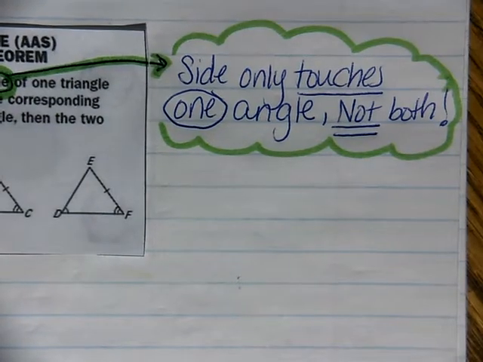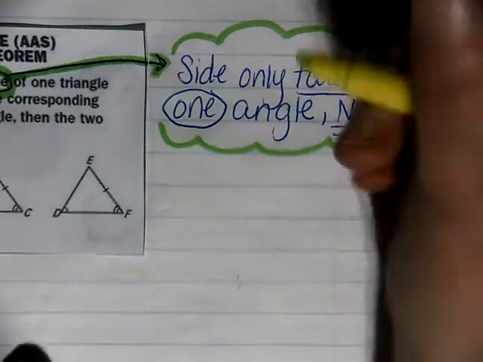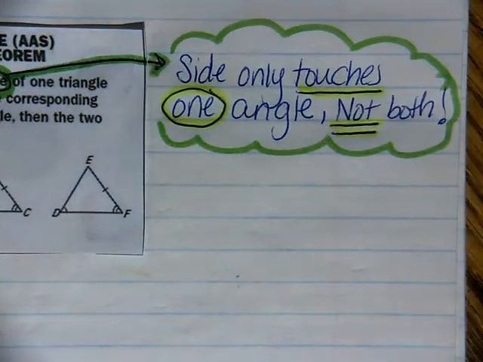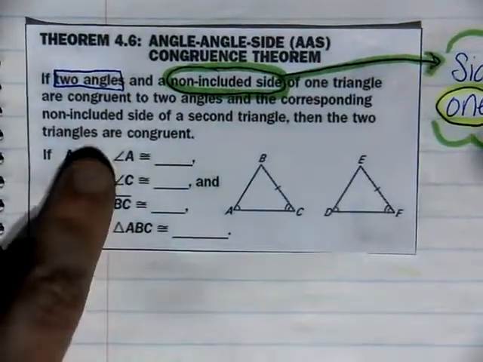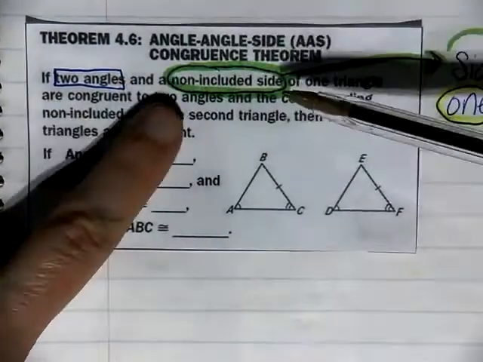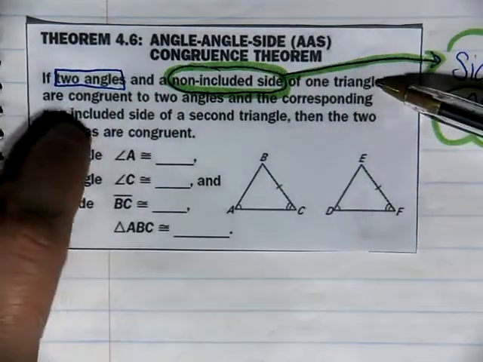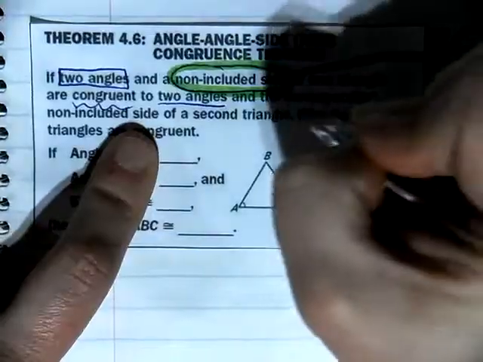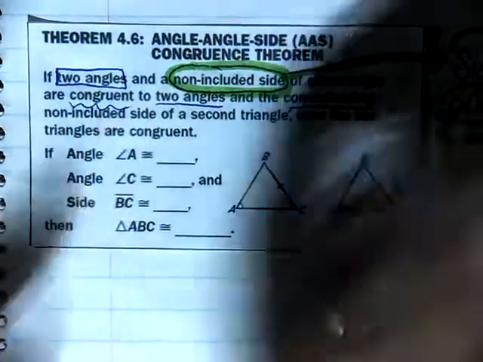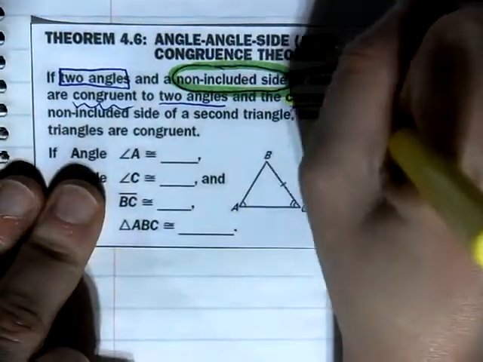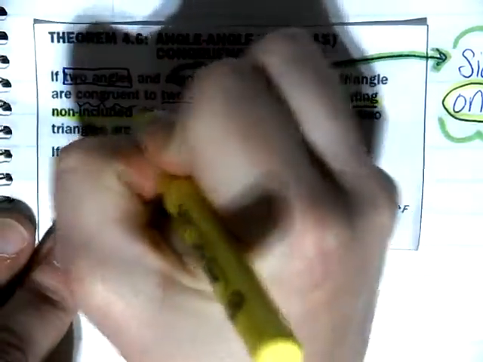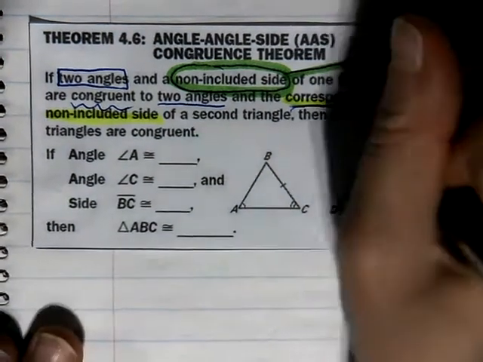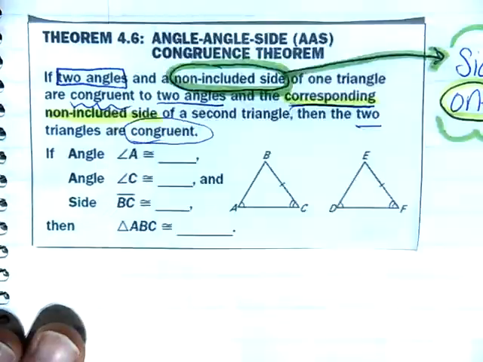and those sides happen to correspond with each other, because obviously there's three sides in a triangle, we want to make sure that those non-included sides are corresponding. So if two angles and a non-included side of one triangle are congruent to two angles and the corresponding non-included side of a second triangle, that is the key here, that side needs to be the corresponding non-included side, meaning it matches up, then we can say that the two triangles are congruent to each other.